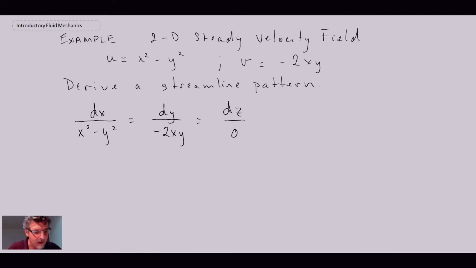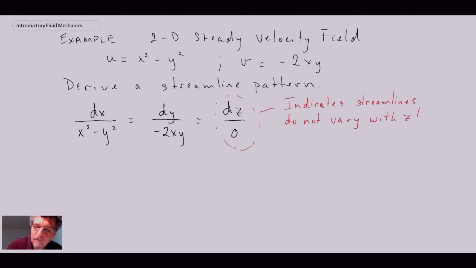Well, that blows up, but it indicates one thing: the streamlines are only in the xy plane. It indicates that the streamlines do not vary with the z dimension.